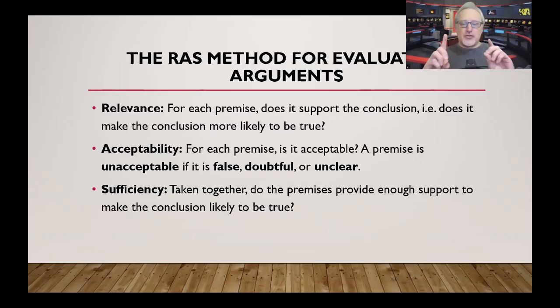You check each individual premise for relevance and acceptability, usually, and the premises taken as a whole for sufficiency. Let's talk about relevance first. Relevance means, of course, that the premises need to be related to the conclusion, meaning that they have to be talking about the same thing. But it's not enough that they be talking about the same thing.